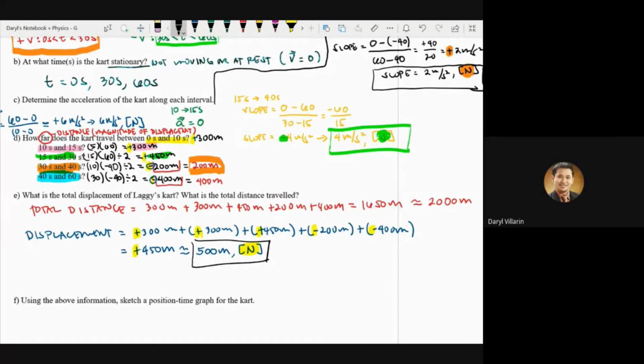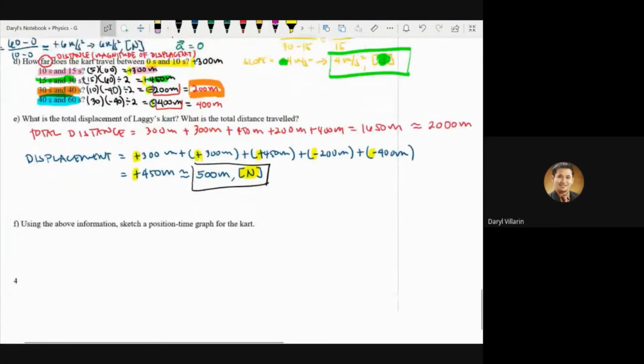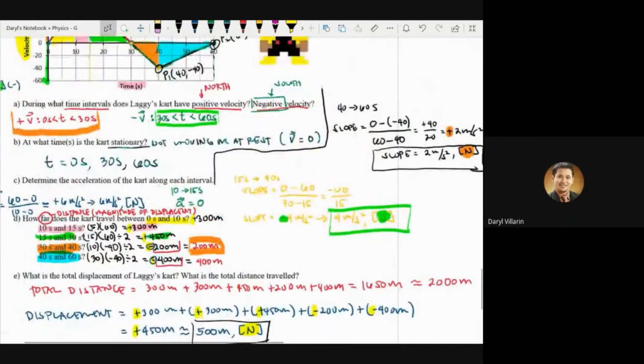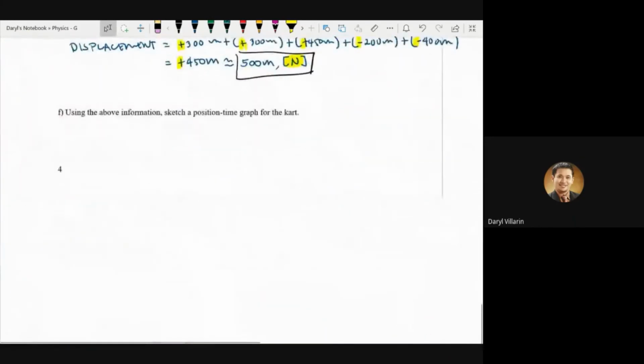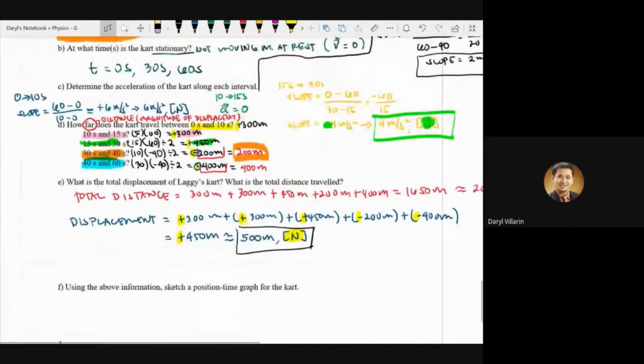Okay. So we're gonna do the last one. Now, this is kind of, maybe perhaps it takes time for you to be acquainted with this one. You're given the velocity time graph, but you're gonna get the position time graph. Okay, so position time graph.